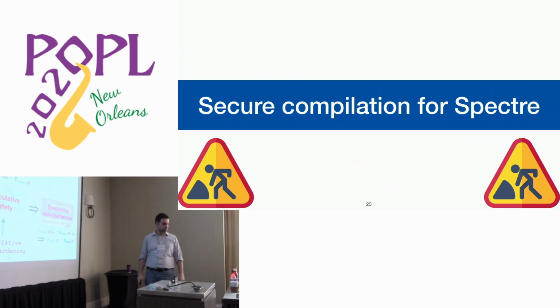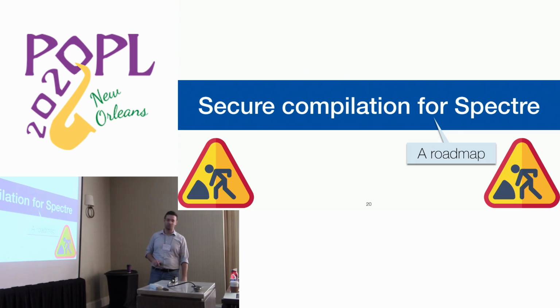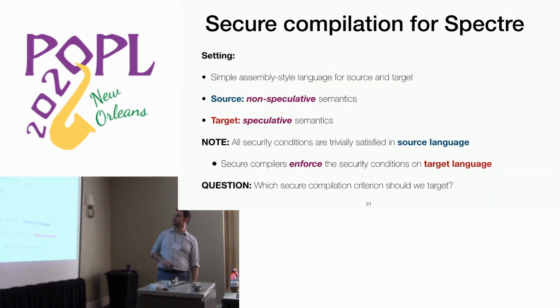So, super quick conclusion: secure compilation for Spectre is work in progress, so it's a roadmap. We don't have actual results. But the setting that we plan to focus on is the following. We're going to consider a simple assembly-style language for source and target. The key difference between source and target is in the semantics.